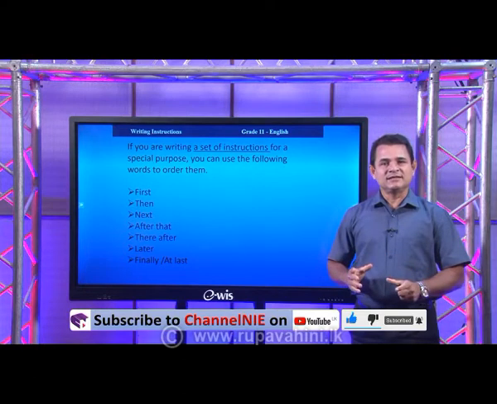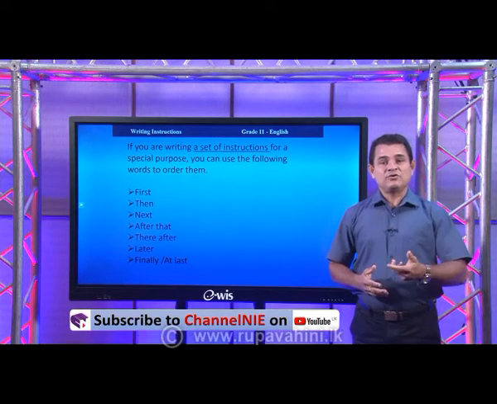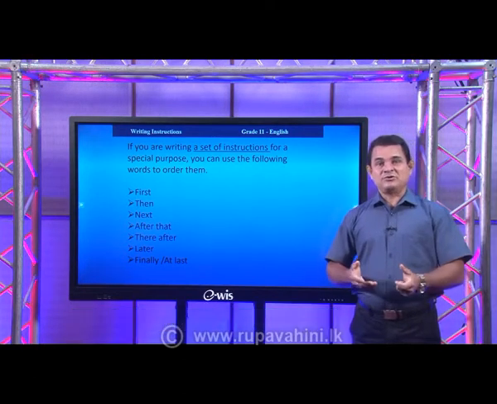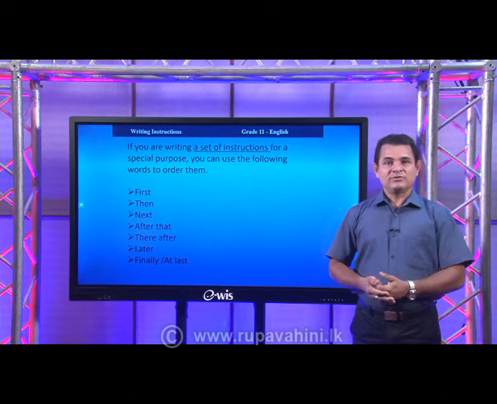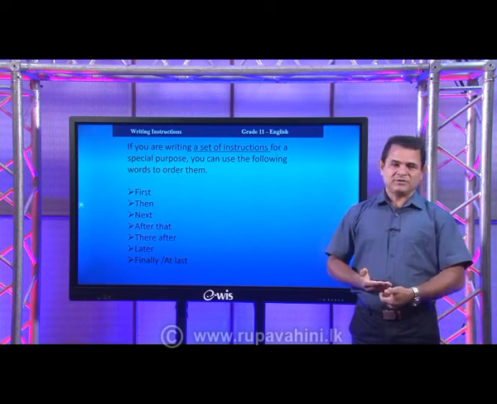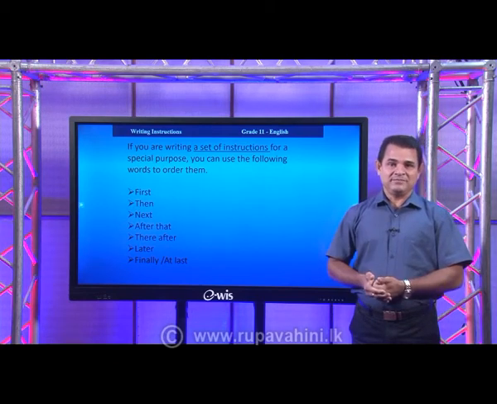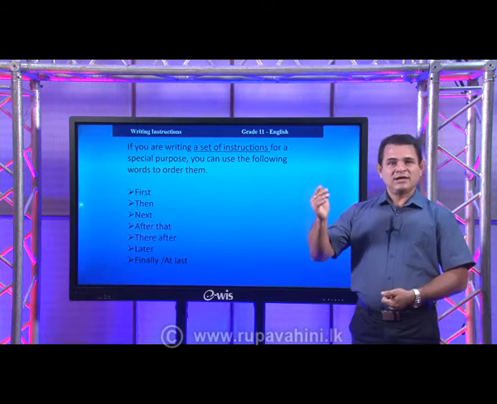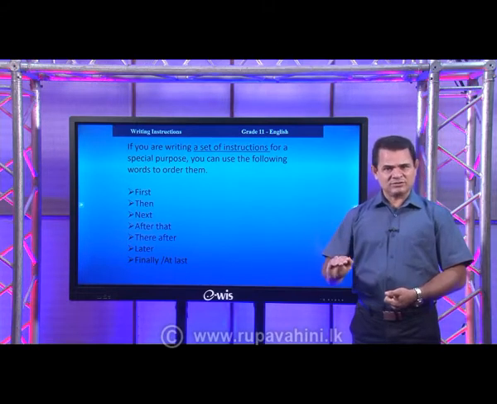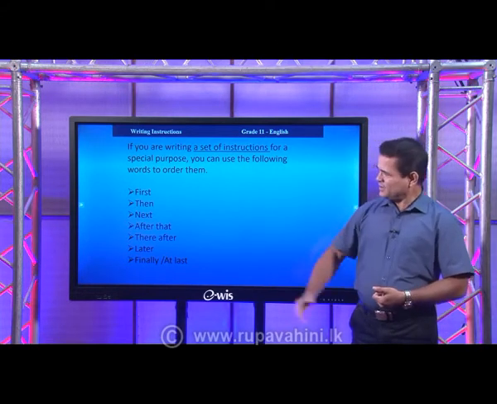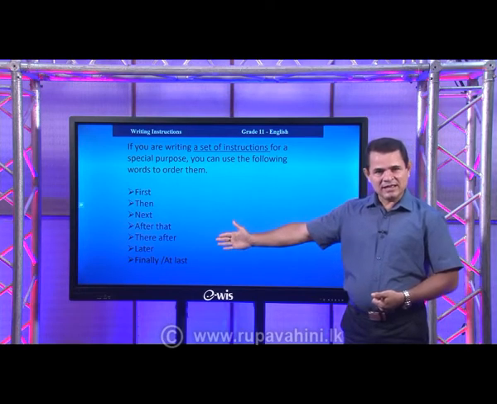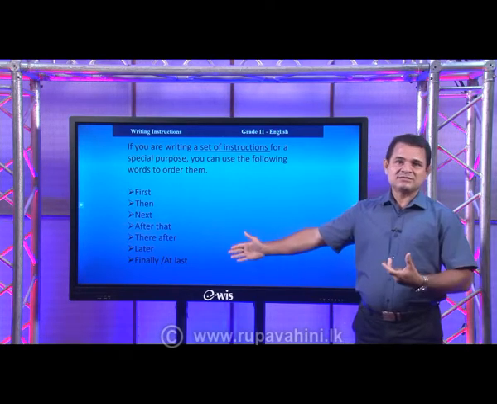There are certain things, for example, how to make a cup of tea or how to make a kite. So there you can see a set of instructions. So that should have an order. What is to be done first, what is next, like that.